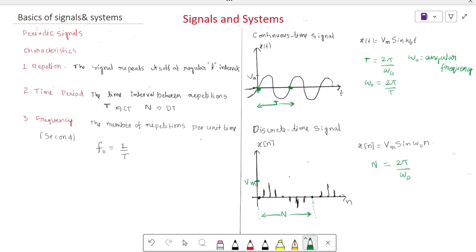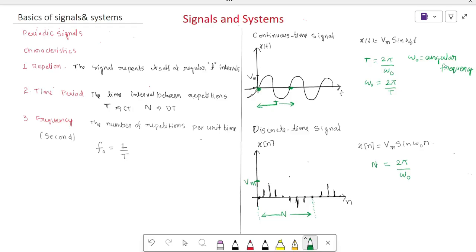Here the concept is, we have already discussed the difference between continuous time and discrete time. Time is always an integer, then the time period also automatically must be an integer.